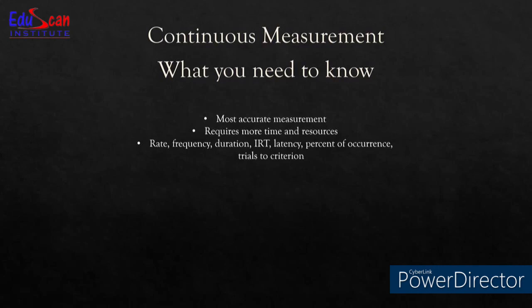That is up to us to decide. But we take n number of trials to reach those consecutive corrects. So we say 3 consecutive right responses. If it takes us 10 trials to reach those 3 consecutive correct responses, that is what becomes our trials to criterion. So with this we conclude continuous measurement, and our next series is on discontinuous measurement.